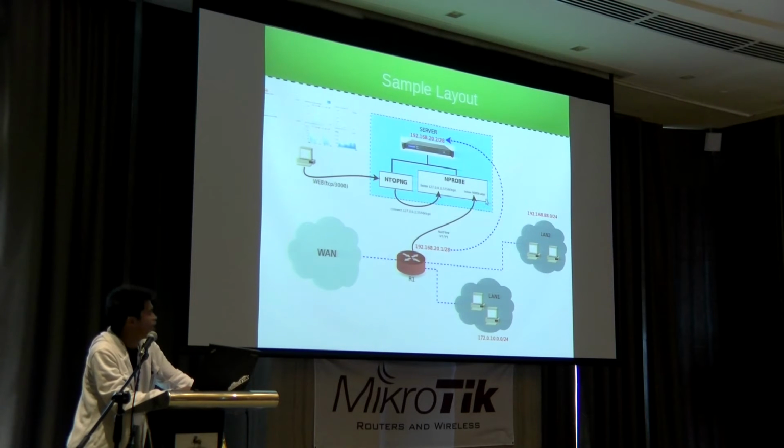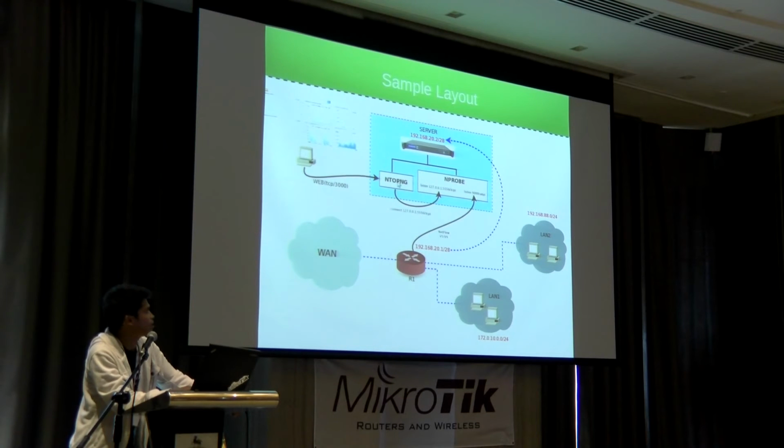And when the traffic is stored here, NTOPNG is going to connect to nProbe to analyze all the traffic that is being collected through nProbe. NTOP connects through port 556 TCP.